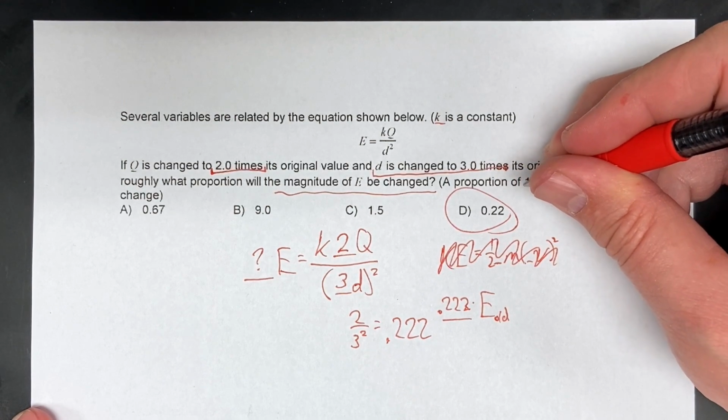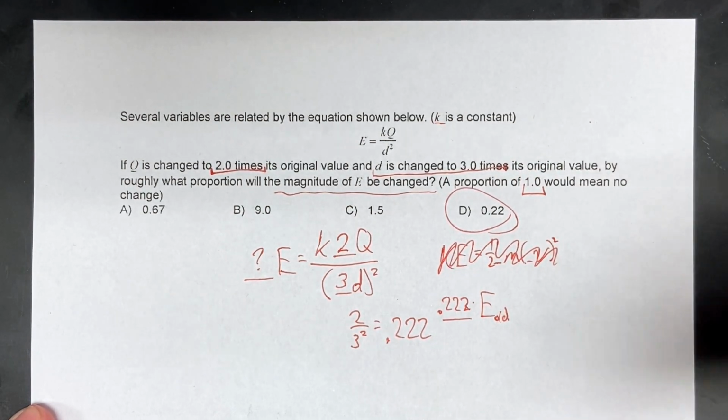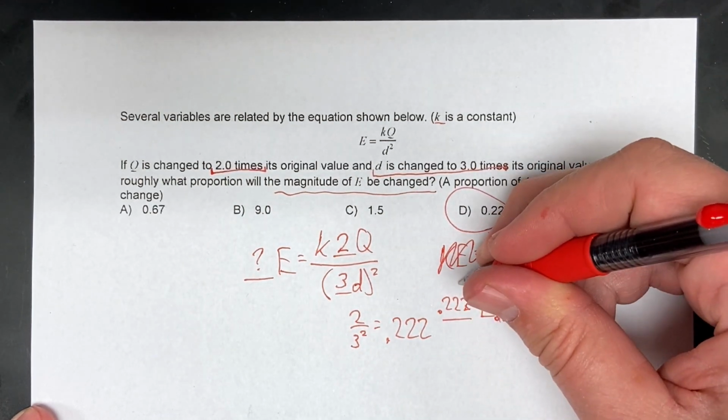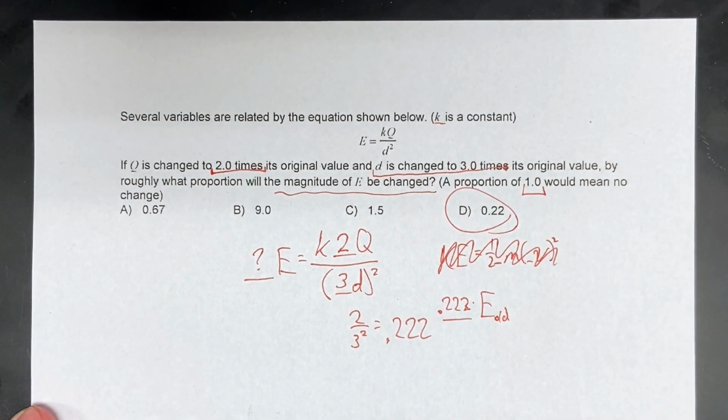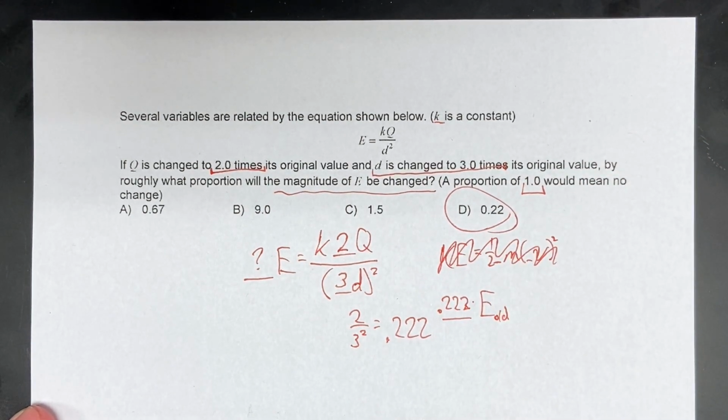If it was 1, it means we haven't changed at all. Any number greater than 1 means we've increased. And any number smaller than 1, like 0.22, if I multiply by 0.22, we're going to get a smaller number. This is, in fact, saying 22% of the old value, so decreased.